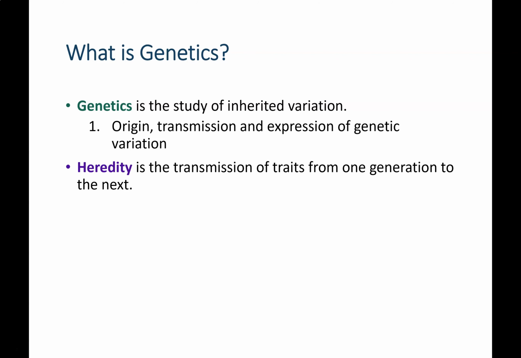When we look at genetics and we talk about genes and our genetic information, we're going to talk about where that information comes from, how it's stored within the cell, how it's maintained, how it's passed on to the next generation of cells or the next generation of organisms, and then how it is expressed within the organism. That is to say, how it goes from information that's contained essentially in a code to the visible or chemical characteristics that a particular organism has.